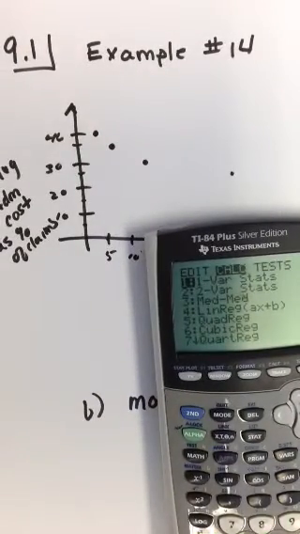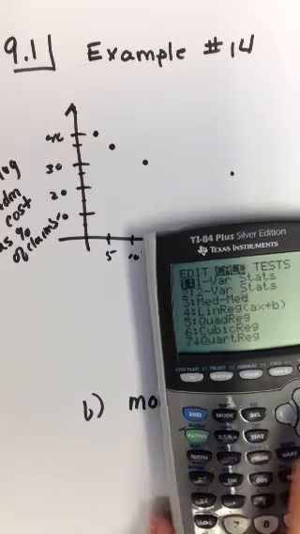And if you watch the lecture videos, linear regression is part of inferential statistics that helps us predict data values. When we did confidence intervals, we were estimating those population parameters. When we did hypothesis testing, we were making decisions about those population parameters, and now we are predicting.